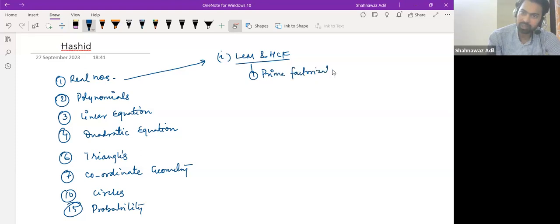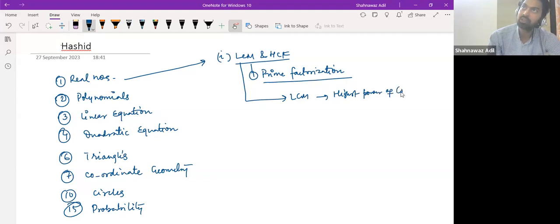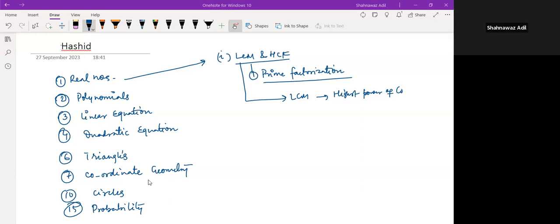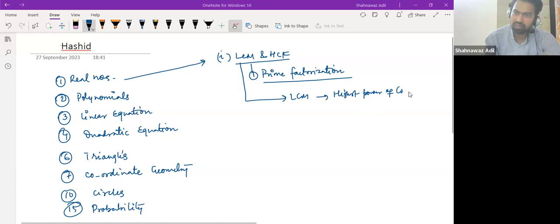In the prime factorization method, to calculate the LCM, we take the highest power of common factors and then multiply by the rest of the uncommon factors. Right, this is the LCM.